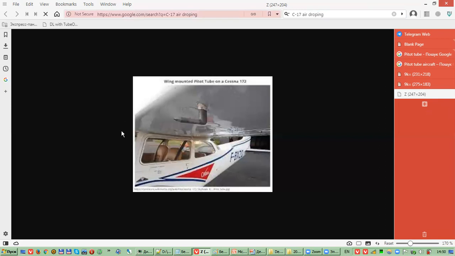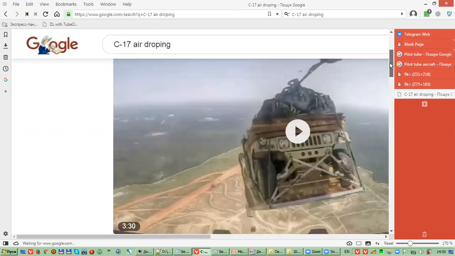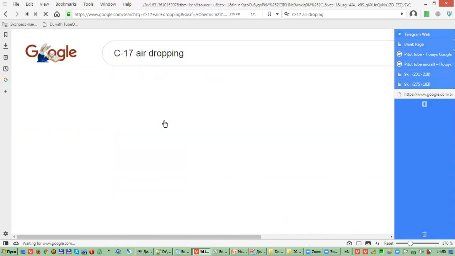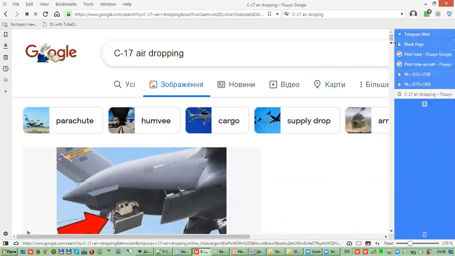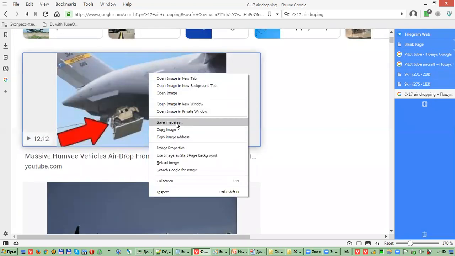Maybe I can find a better picture to illustrate. This one, for example, is a picture from a video, but we can see all necessary features of aircraft design in this picture.